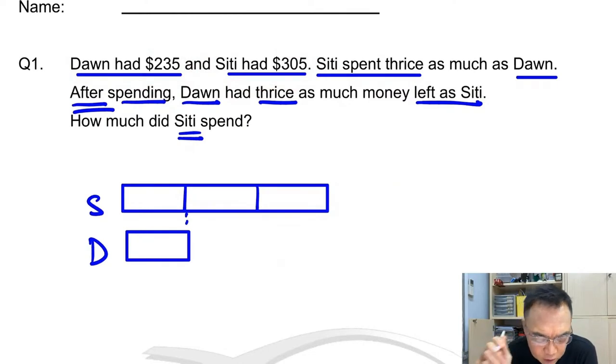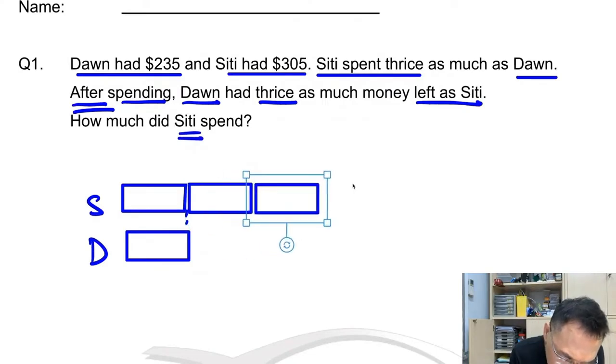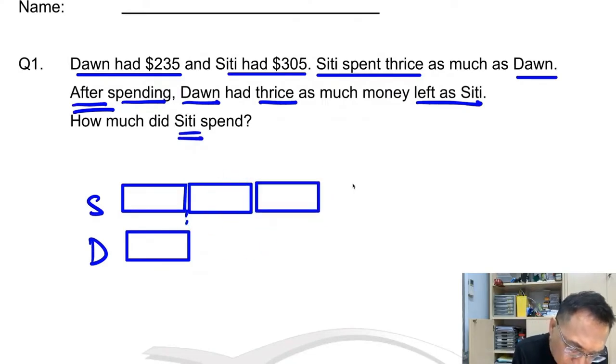Guys, who has more? Dawn or Siti? Good, very good. Yes, Siti. So if Siti is the one who had more, then Siti's overall model must be longer than Dawn's overall model. So this is Siti, and let's say this is what Siti spent.